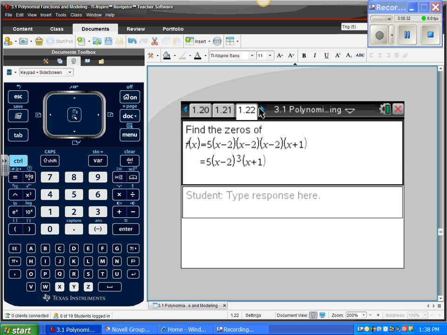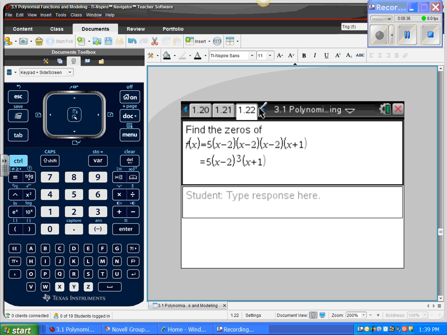We're going to say x minus 2 equals 0. We don't need to write it 3 times because I know with every one of them it's going to be the same. And x plus 1 equals 0. So we get x equals 2 and x equals -1. And those would be our zeros. And we don't have to test those because we know it was already in factored form for us, so those are going to be the zeros. And that's pretty quick and easy.